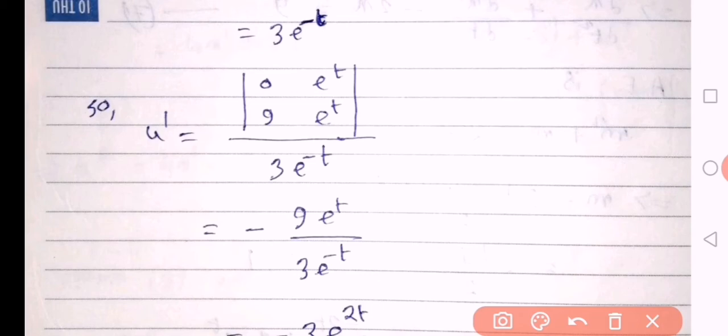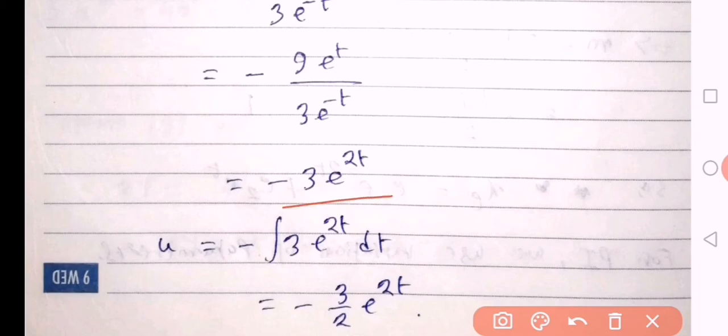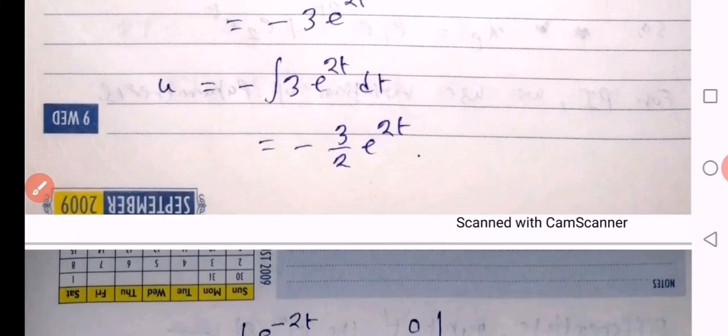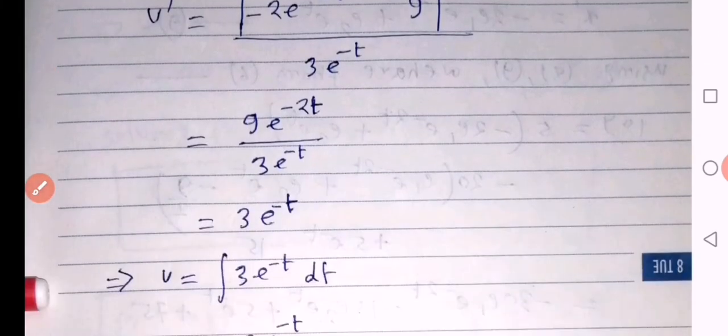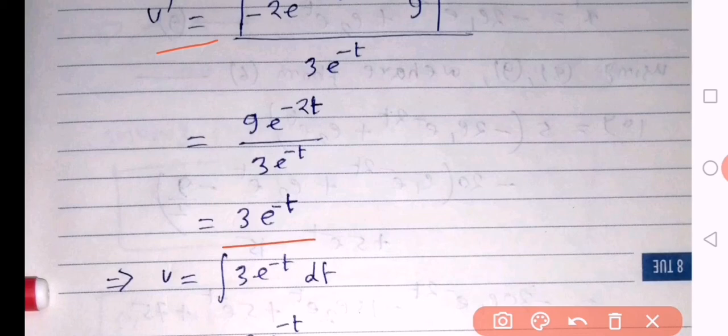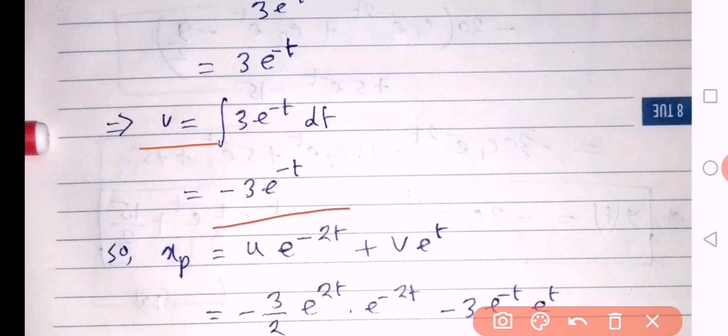So u dash we will get minus 3 e to the power 2t. After integrating we will get finally u equal to minus 3 by 2 e to the power 2t. Similarly v dash we will get 3 e to the power minus t. After integrating we will get the value of v is minus 3 e to the power minus t.